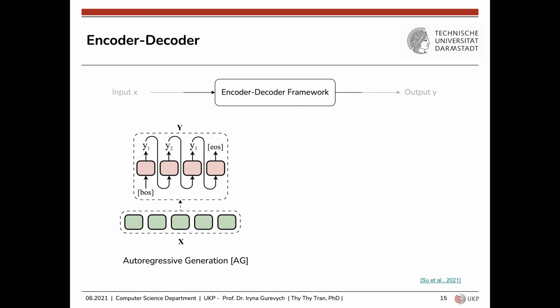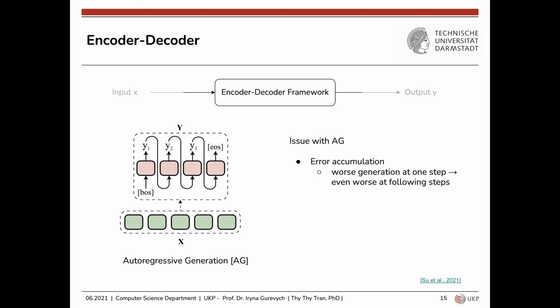We have learned that the decoder generates one word at each time step. Such generation is called an autoregressive generation, as the current output is conditioned on the previous output. So Y2 is conditioned on Y1.